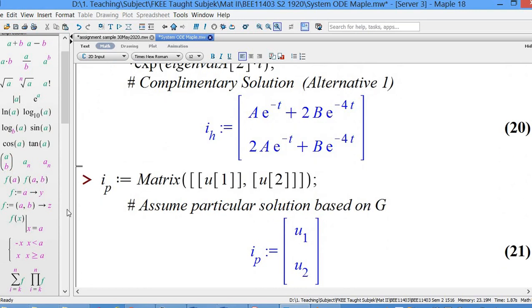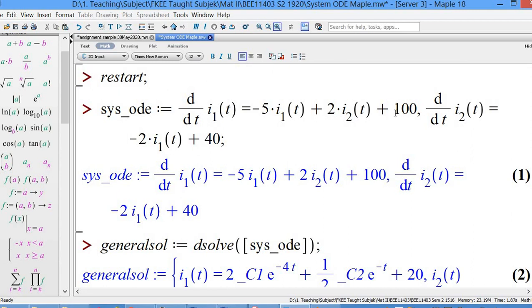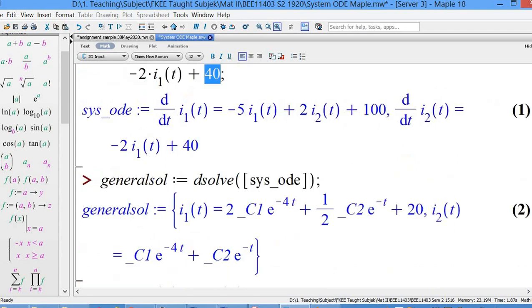And then the particular solution IP. Since the non-homogeneous part, the vector G, is 140 in the first equation plus 100, and the second equation plus 40, the vector G is constant.